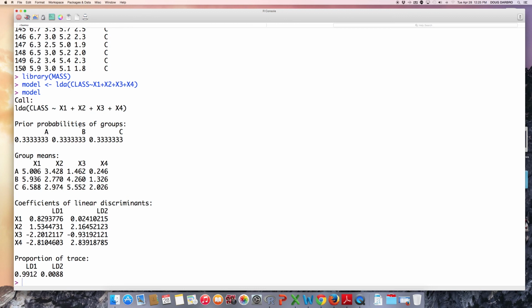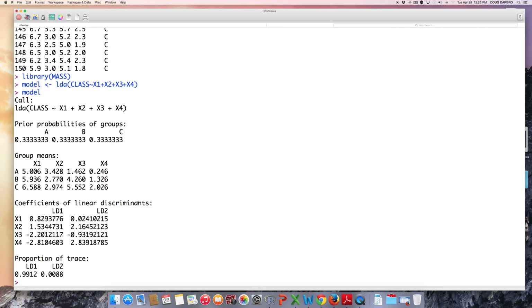So when I run the model, I'll get some cool stuff. The prior probabilities of these groups is clearly 1/3 because we have 3 groups. We have group means provided over the independent variables x1, x2, x3, x4 in the groups. That's sometimes helpful. But down here we get the coefficients of the linear discriminant model.